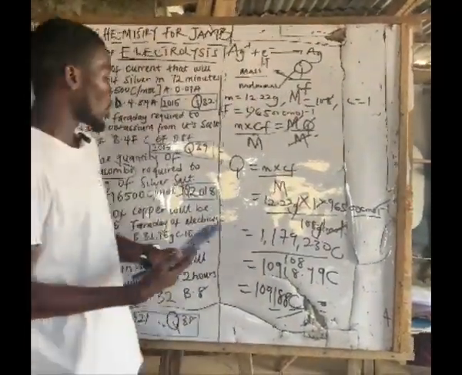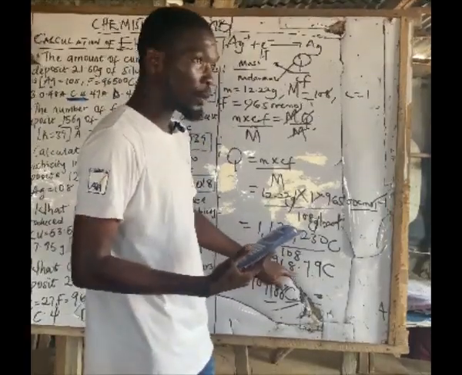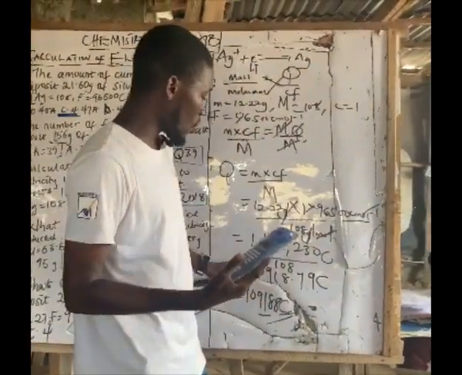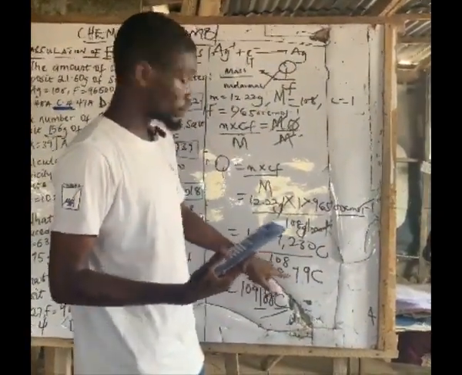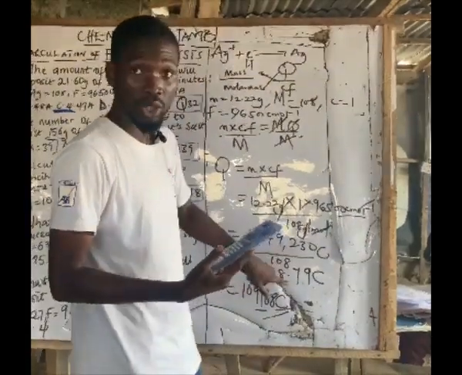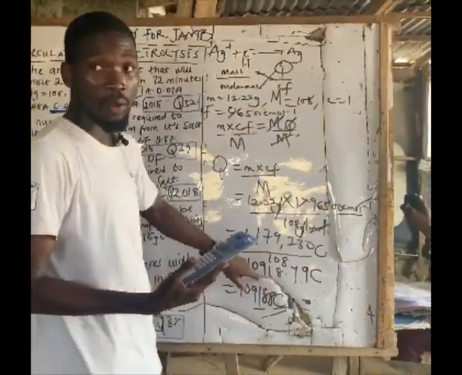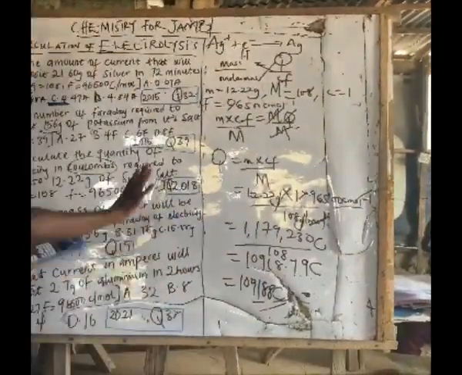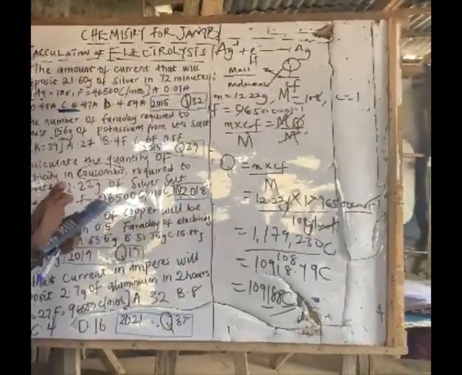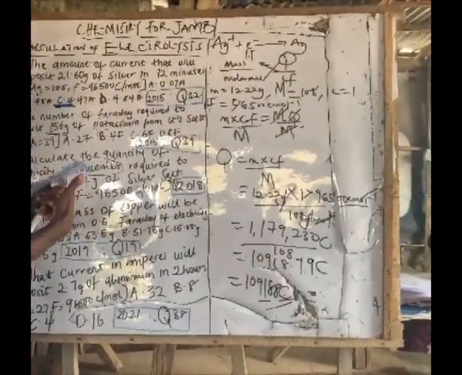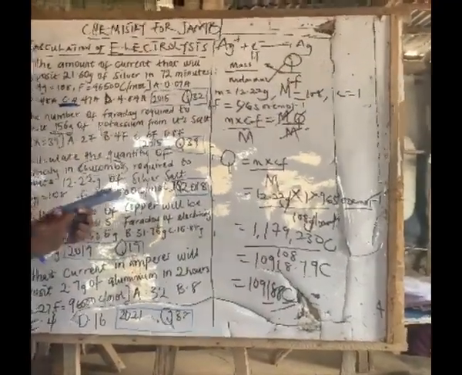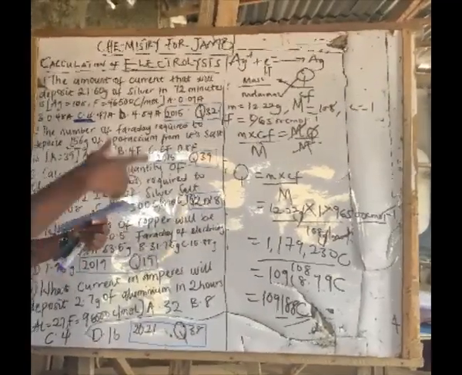But if I'm only having 10918.7, our approximation will be 10919 instead of 10918. So guys, when it comes to electrolysis, there are some approaches to it. You don't just look at the question and assume the answer.